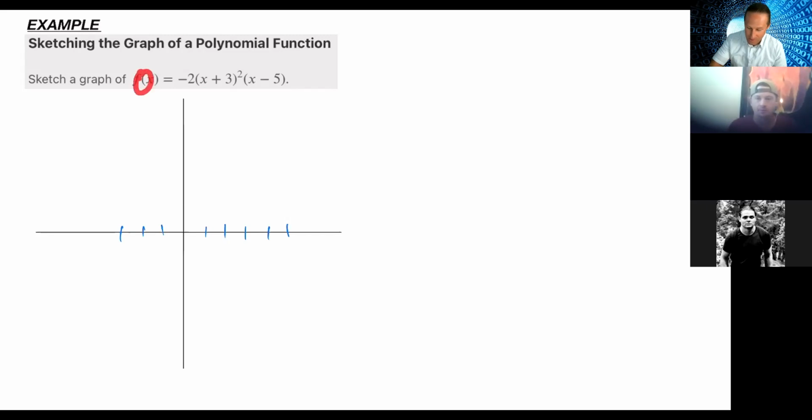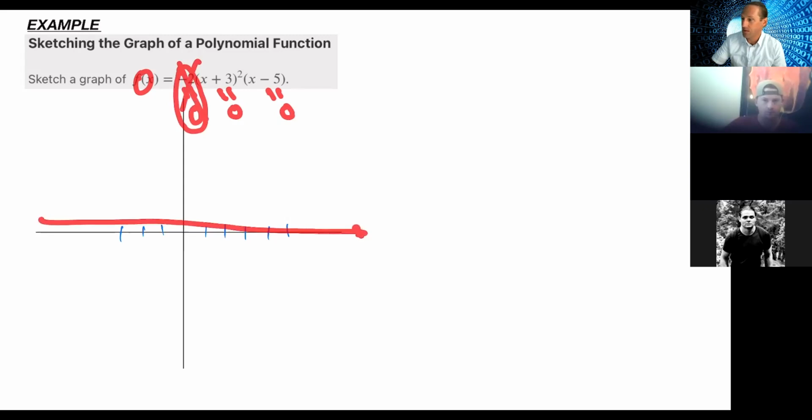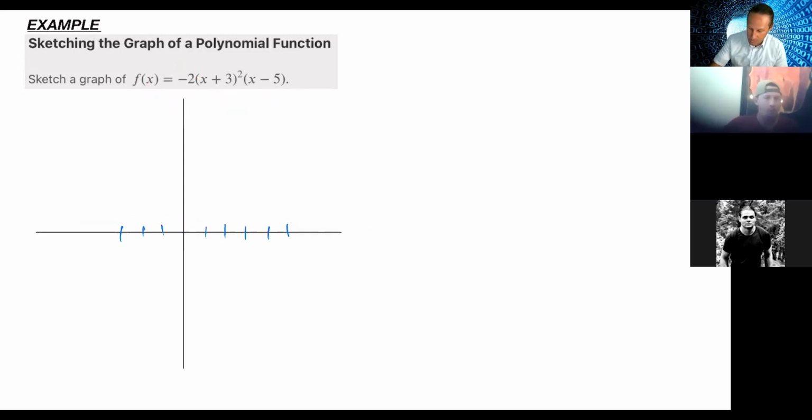All I got to do is set this whole thing equal to 0, which means set that factor, and you can even set this factor equal to 0, but remember, that doesn't have an x, so it's not going to give you an x-intercept. Right? So, good. We're definitely going to have one at -3, and we're definitely going to have one at +5. Remember, don't put +3 and -5. You have to set this whole thing equal to 0. And in order to get back to 0, you're going to have to do the opposite.